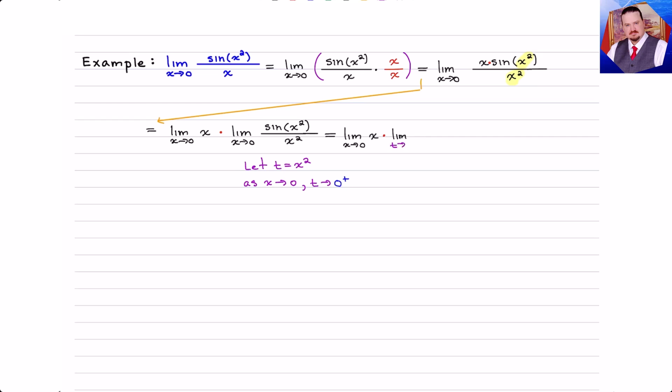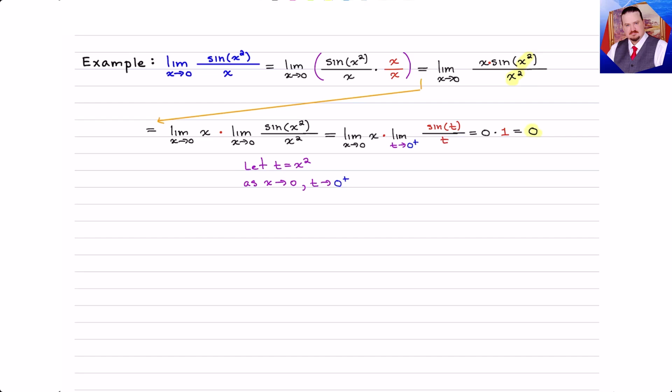Where's t going? t's going to 0, right? And then this is sine t over t again. And what is this limit? This limit's 1, so it exists, and therefore this limit is 0. So we get 0 times 1, and that's the final answer.